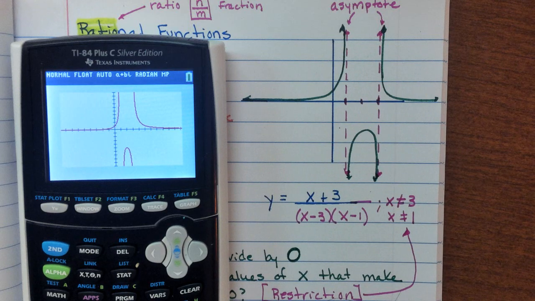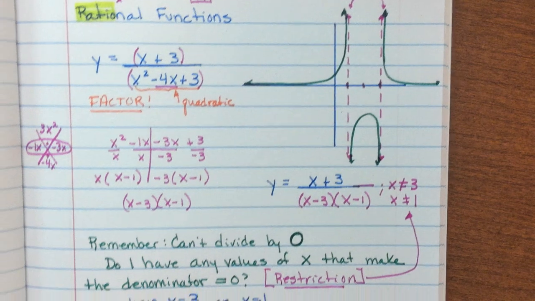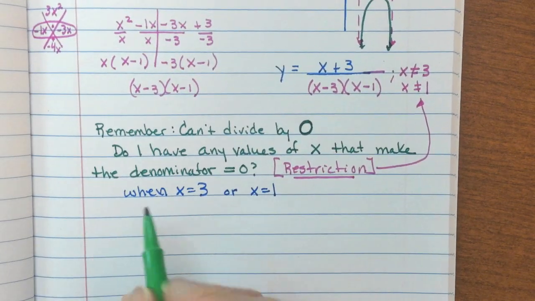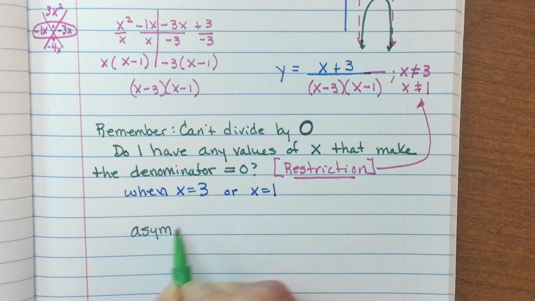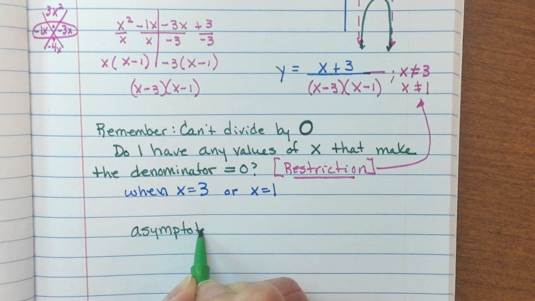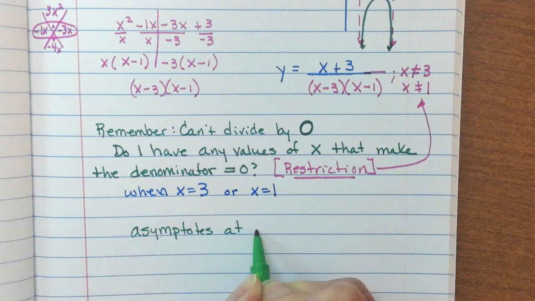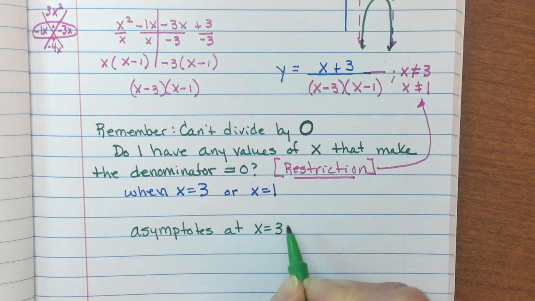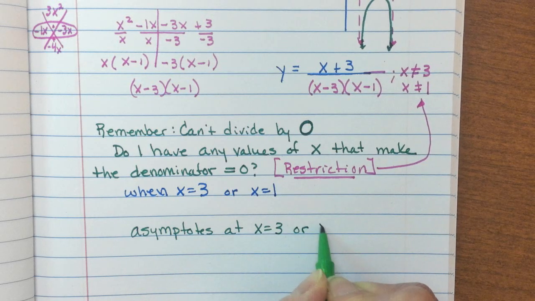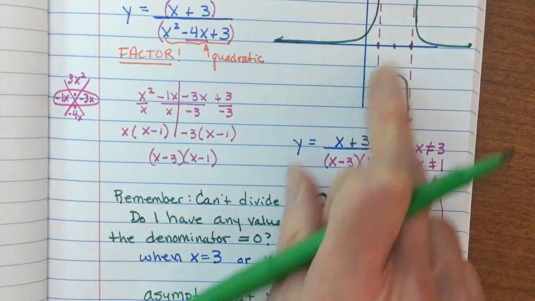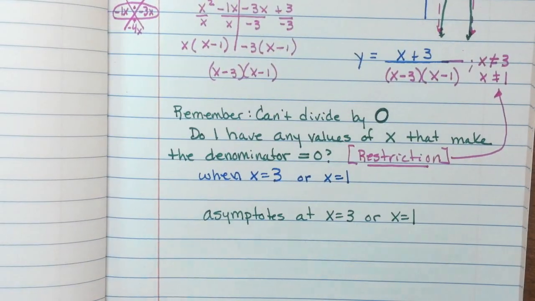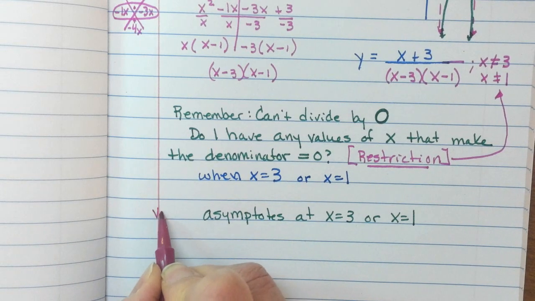This is one function. So if I were to be asked for asymptotes, I would say that I have asymptotes at x equals 3 or x equals 1. And specifically, those are vertical. So that's key.